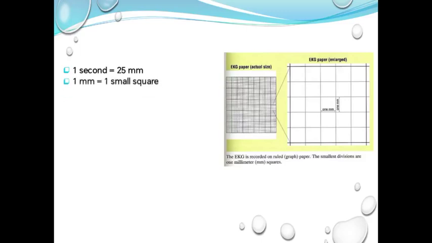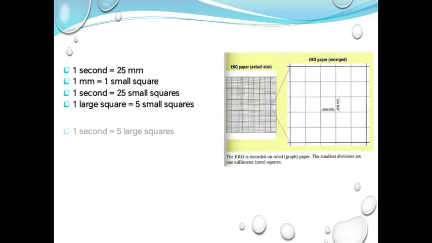Again, I told you 1 millimeter equals 1 small square, and 1 second equals 25 small squares. I just want to explain the calculation. 1 large square equals 5 small squares, so 1 second equals 5 large squares.